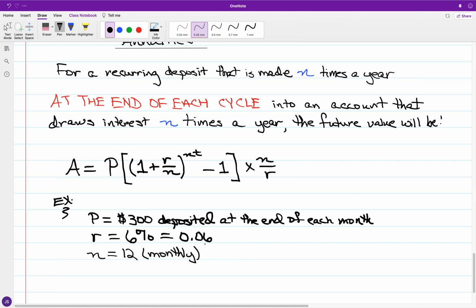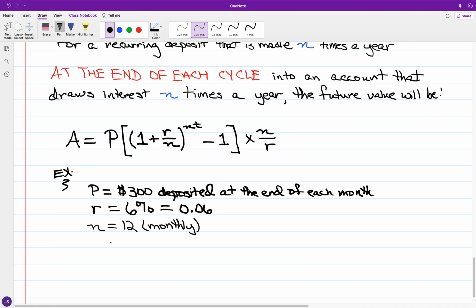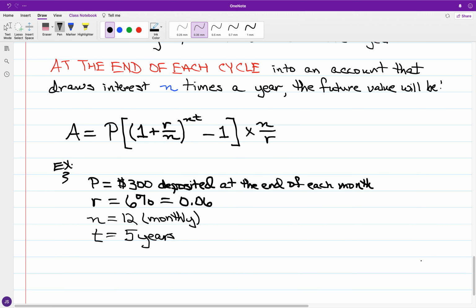Okay, so again, you are looking at monthly compoundings as well as monthly deposits. And we'll say that for the time span, we have 5 years. So you're looking at $300 a month, multiplied by 12, so $3,600 a year for 5 years.